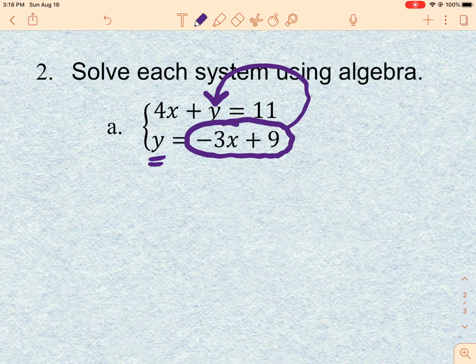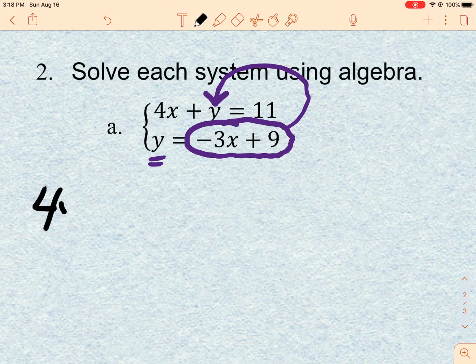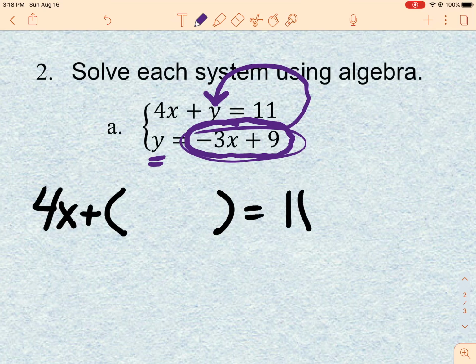So if I look at my original from up top here, I have a 4x plus y, but I'm going to be putting something in place of y, and then equals 11. Well, what am I putting in its place? This whole thing of negative 3x plus 9.